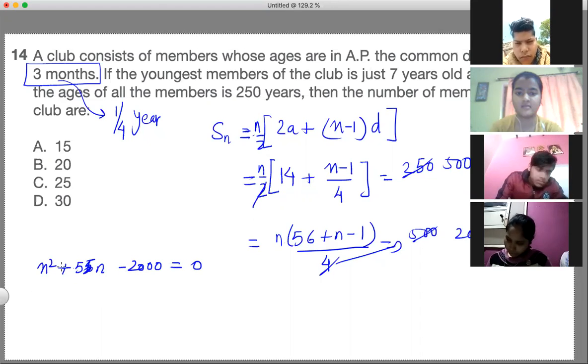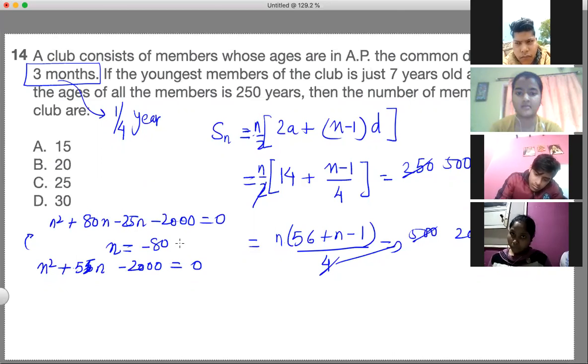Okay, now we have to do the splitting of the terms. What will be the split? 80n minus 25n. Okay, so n की क्या values आ जाएंगी? Minus 80 and 25. But number of members cannot be negative. Okay, so the answer is 25 members.